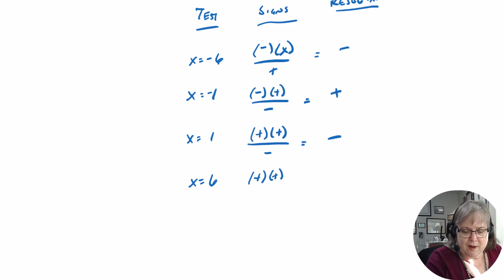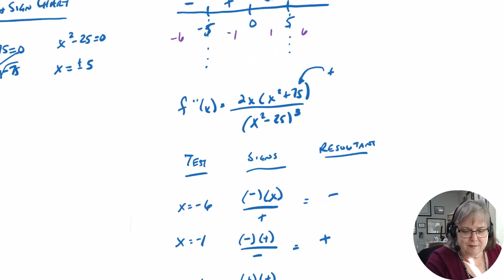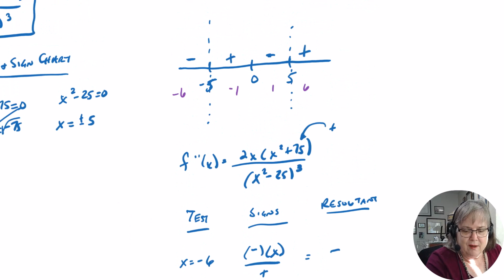This one's always positive. 6 squared minus 25 is positive, and if it's cubed, it's still positive. So this is positive. Now what does that say? This is concave down. This is concave up. This is concave down. And this is concave up.